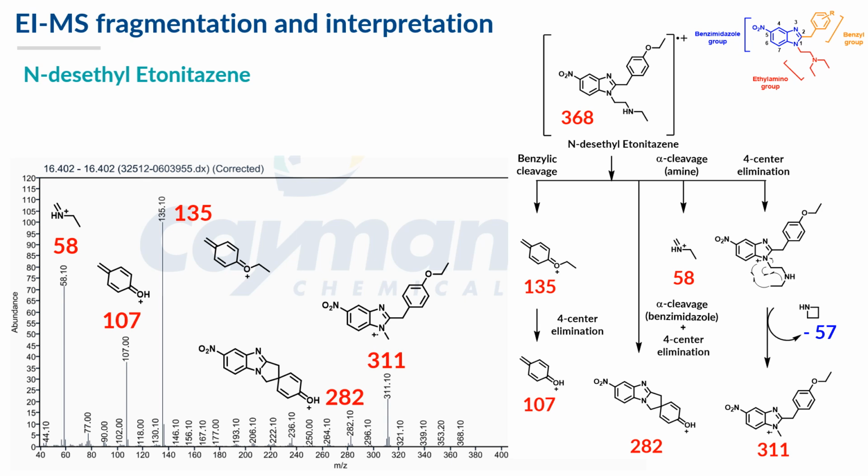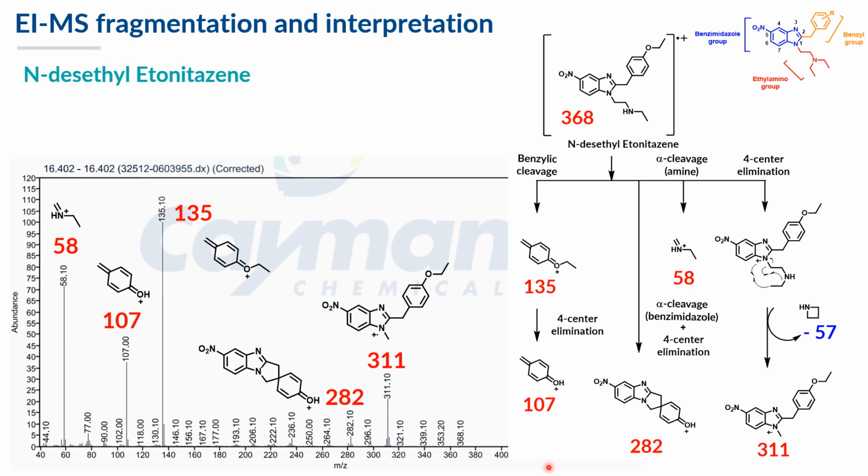In our spectra of N-desethyl adenitazene, we can see that we have our benzylic cleavage fragment at 135, and that is our base peak. We also see the benzimidazole alpha cleavage four-center elimination product, that phenoxonium ion at 282. It's much higher abundance, more prevalent than in the desethyl parents.